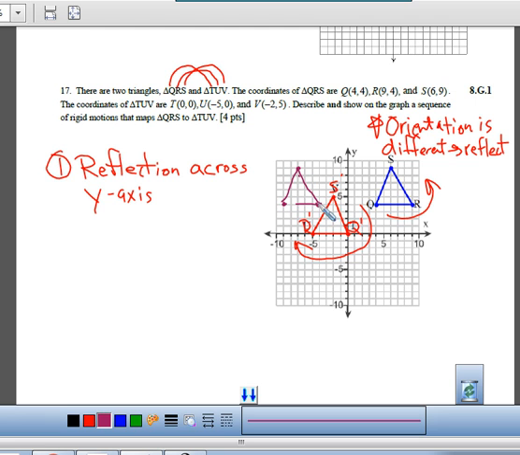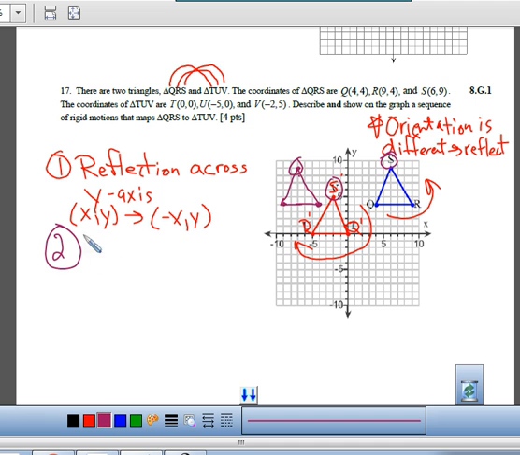Alright, so now, so here's my point S that's going to become my S prime, which actually is V prime in this. So my second transformation or rigid motion looks like it's going to be a slide. Oh, by the way, for this first one, if you showed the rule, x, y becomes, so when you reflect across the y-axis, you end up with negative x comma y.